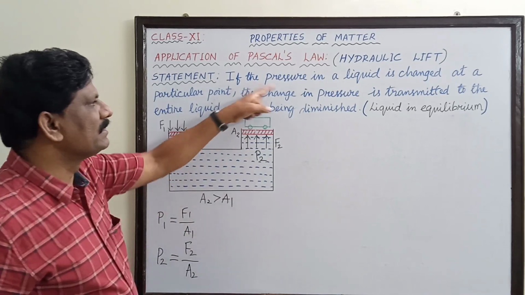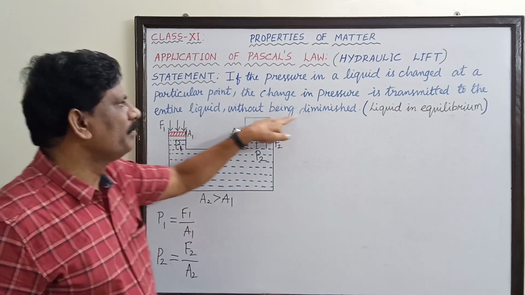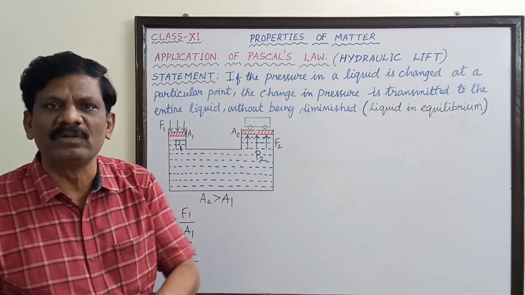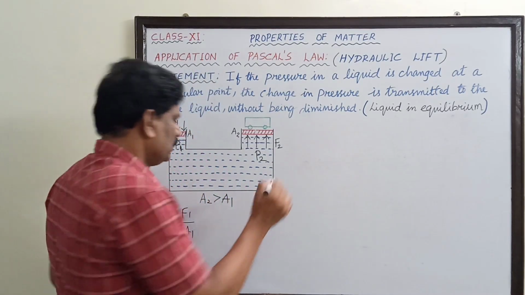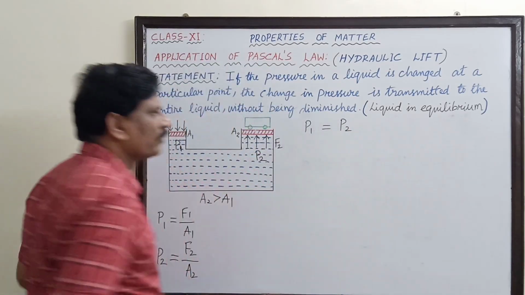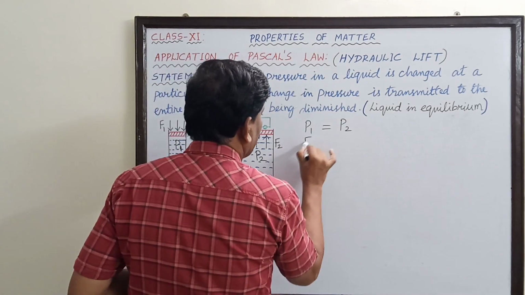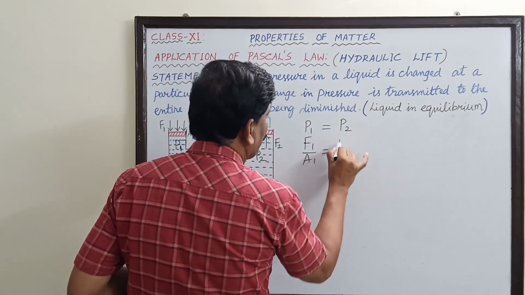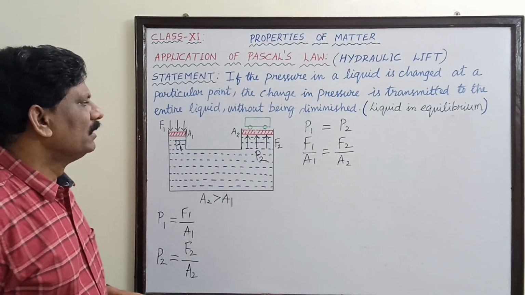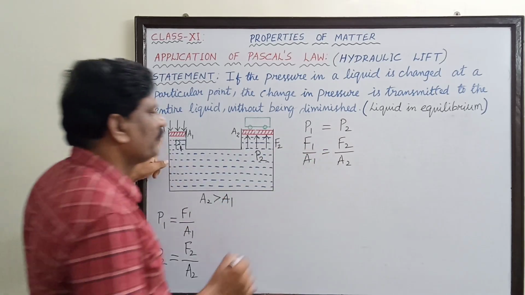Now, as per this statement, the change in pressure is transmitted without being diminished, isn't it? That means P1 must be equal to P2. I am going to substitute for P1 and P2. So F1 by A1 must be equal to F2 by A2. I want to express F2 in terms of F1.